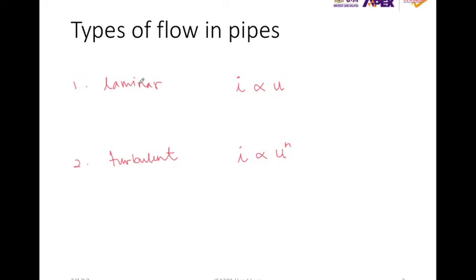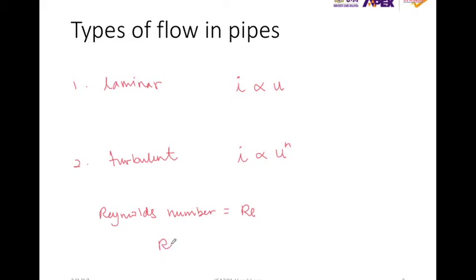How do we determine whether a flow in a pipe is laminar or turbulent? We use the dimensionless number, Reynolds number, to give us an idea of whether the flow is laminar or turbulent.